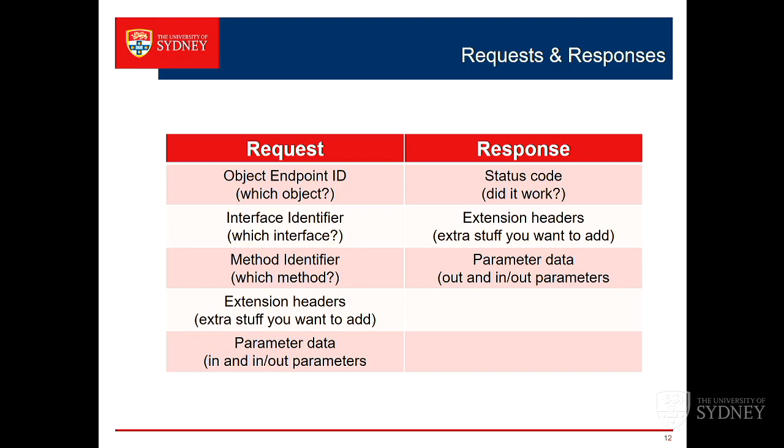What am I calling? Which interface in that object am I calling into? What's the name of the method, or how to get it to the method? Other bits of headers that might be relevant, and my parameters, the in parameters and in out parameters, the parameters I want to pass across to the server code.